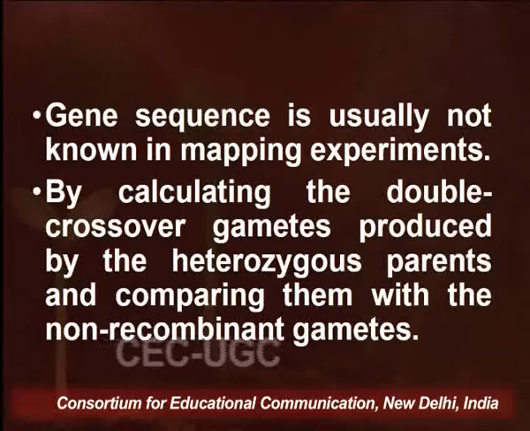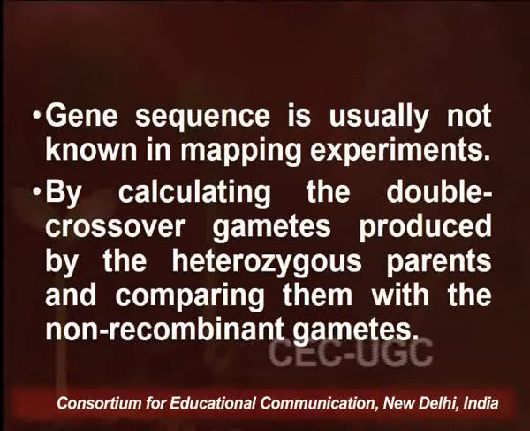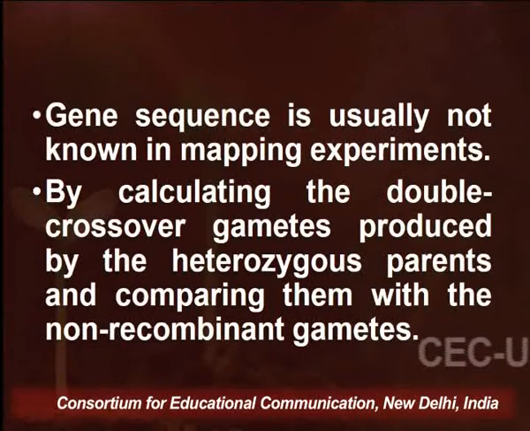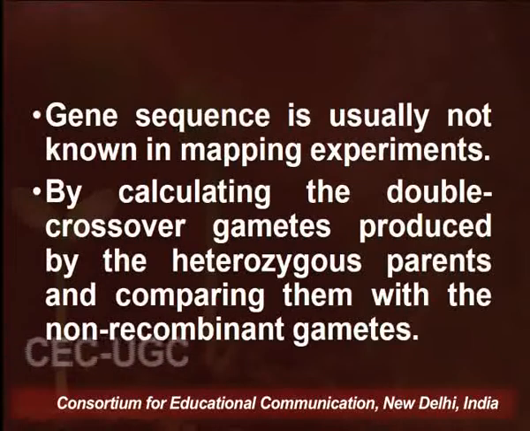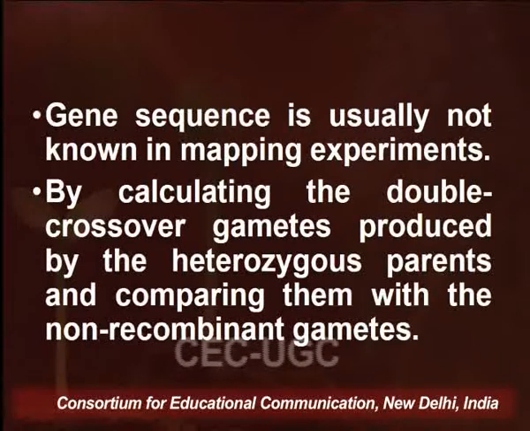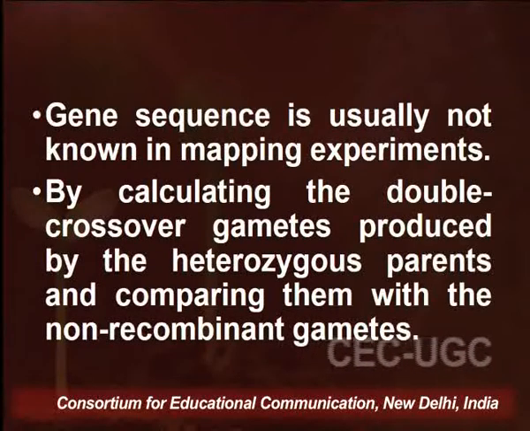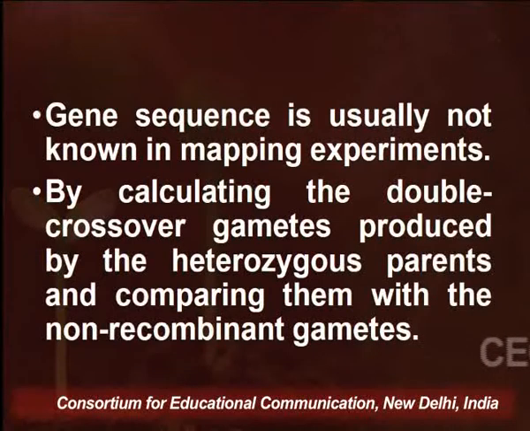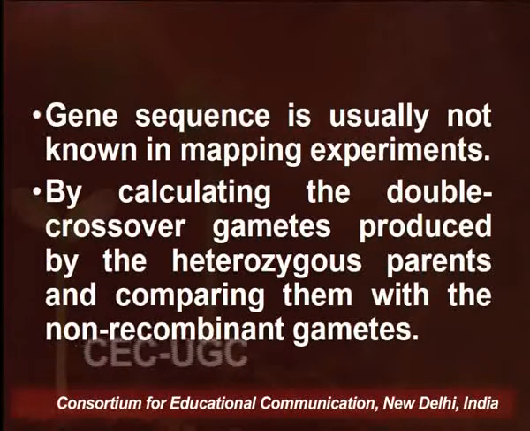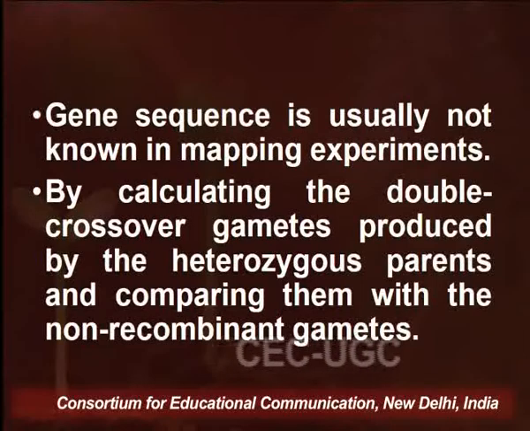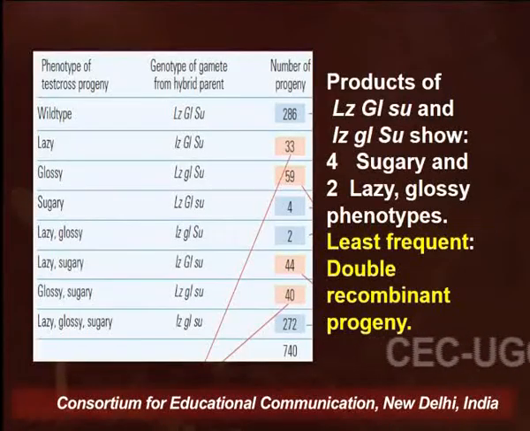We find that the sequence, as I said, is not known. We took arbitrarily the position of these 3 genes. Now what we have to do is calculate the double crossover gametes which are produced by the heterozygous parents, and then compare them with the non-recombinant gametes if we have to reach a particular point.